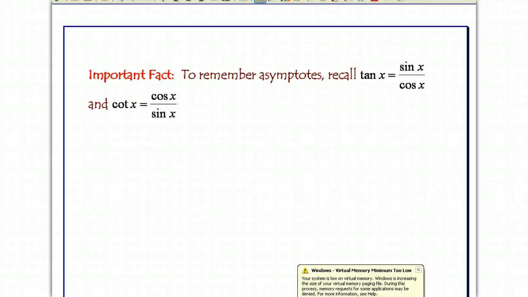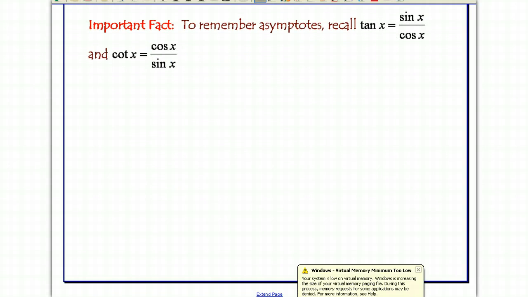All right, one last thing here, then we'll do a couple practice problems. If you get confused, like, wait a minute, where are the zeros, where are the vertical asymptotes? One way to remember it is tangent is the sine divided by the cosine. And if you think about your key points, we have x, we've got the sine of x.